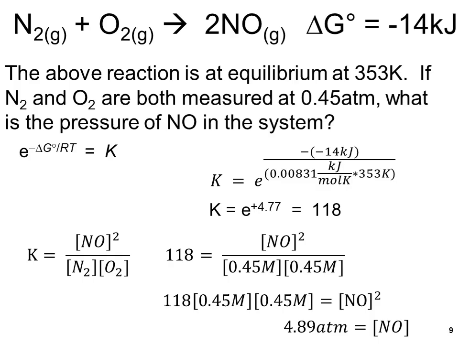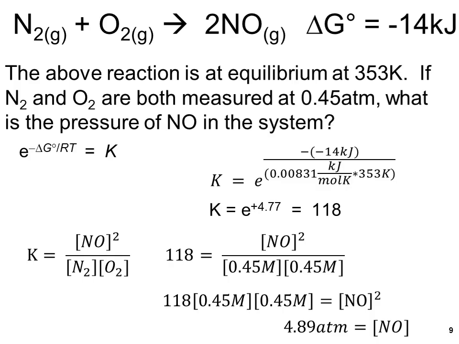So what we have to do is use the e to the power of negative delta G over RT equation equals K to find the equilibrium constant K. Once we know the equilibrium constant K, we can use that with the reactant concentrations to find our unknown concentration of NO. So we are going to set up this equation e to the negative delta G over RT.